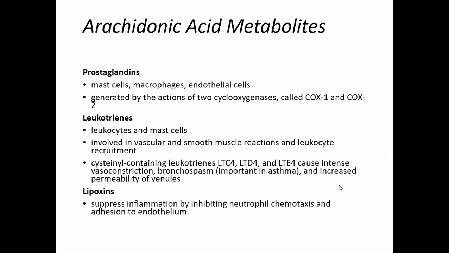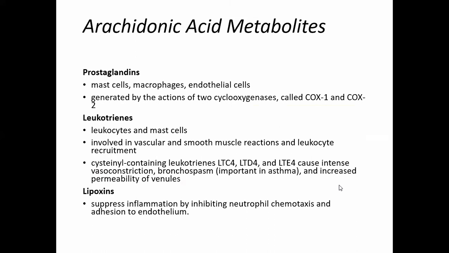The prostaglandins are produced by the mast cells, the macrophages, and the endothelial cells, and they are generated by the actions of the two cyclooxygenases, COX-1 and COX-2. COX-1 is expressed in most tissues, and COX-2 expression is mainly confined to the cells that are participating in the inflammatory reactions.